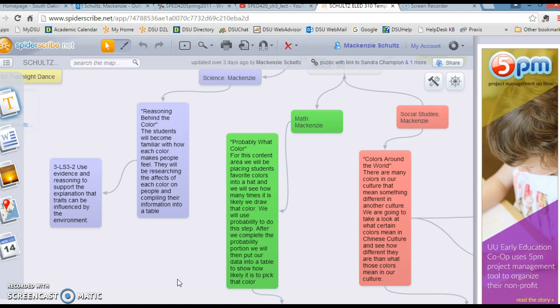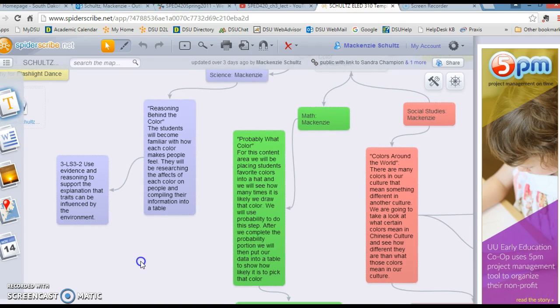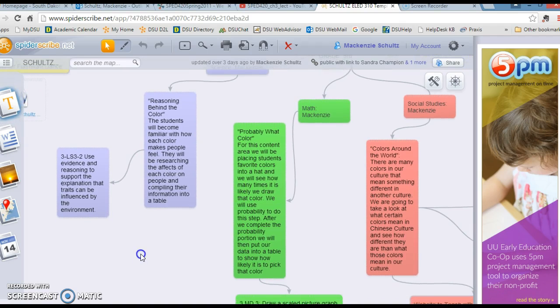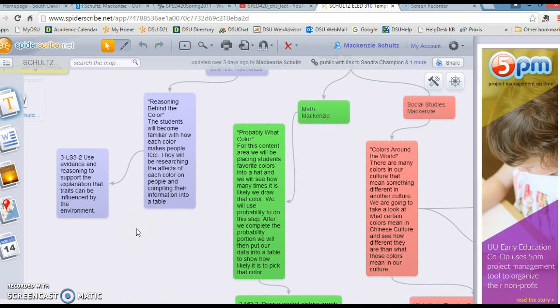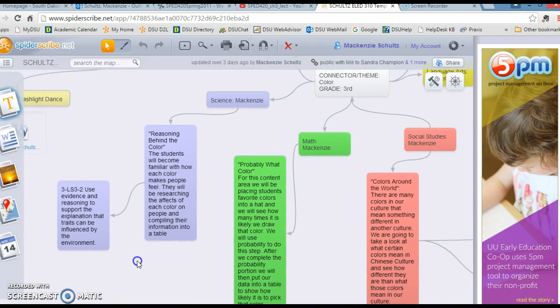It's kind of a scientific, research-studied topic, but I think it's going to give the students a great understanding of, oh, yellow makes me feel happy because it triggers this in the body, or it triggers this in my brain. So our content standard for that is just use evidence and reasoning to support the explanation that traits are influenced by the environment.